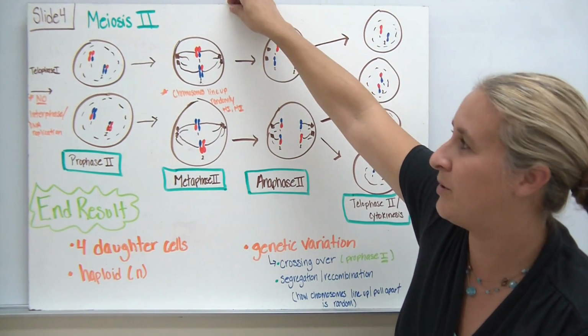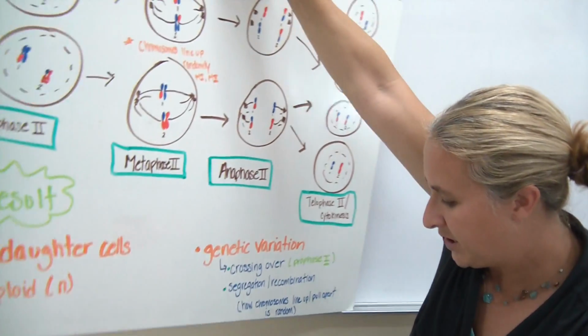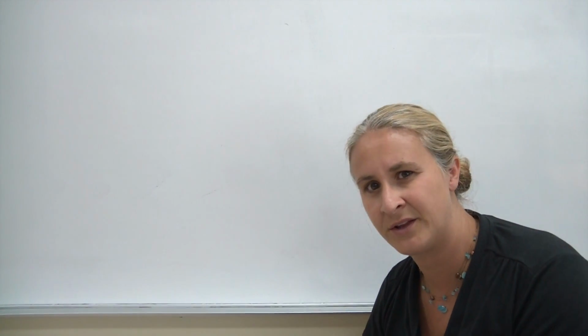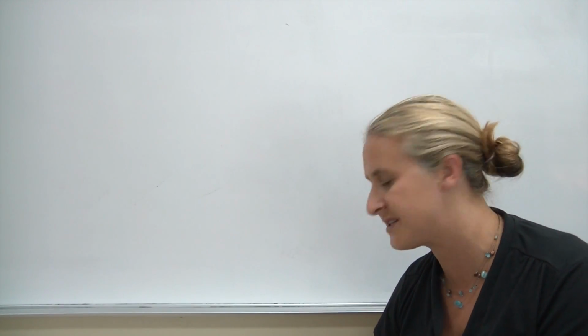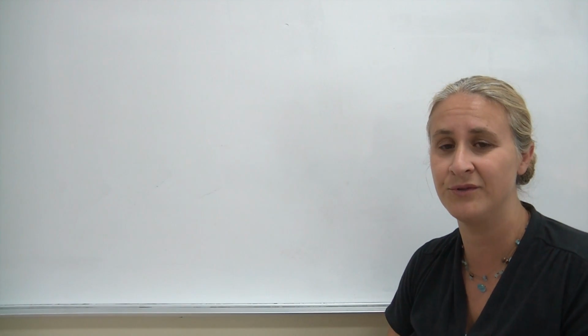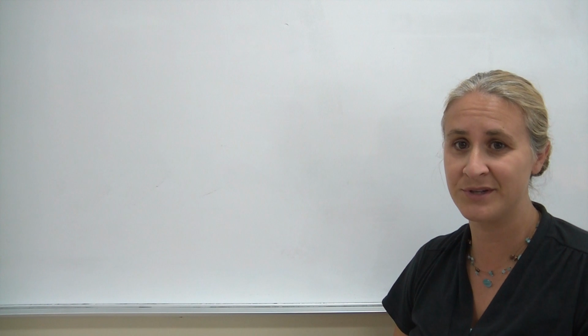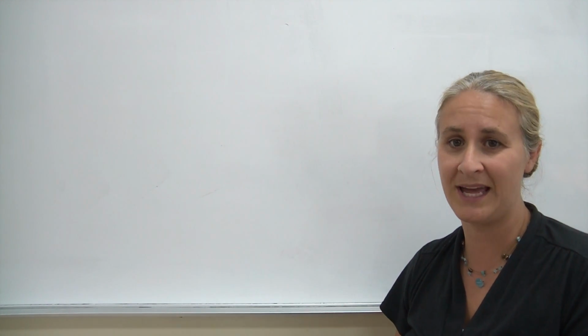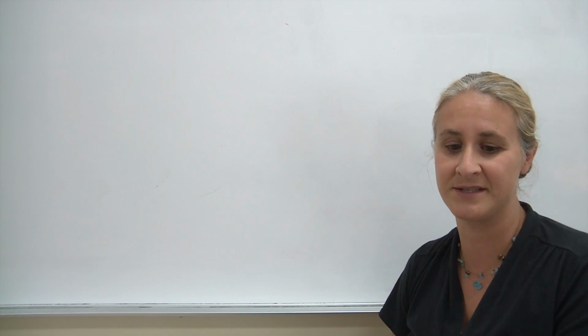So how they line up and pull apart ends up being random. So you can see that meiosis gives us a lot of changes. It's a relatively long process, but the nice thing about it is it's very repetitive. Meiosis 1 does mirror meiosis 2 very nicely. But at the end result, remember, we have one cell dividing into 4 cells with half the number of chromosomes as the parent cell.